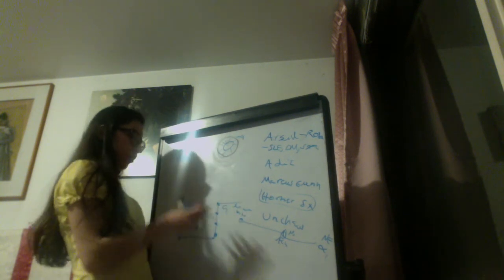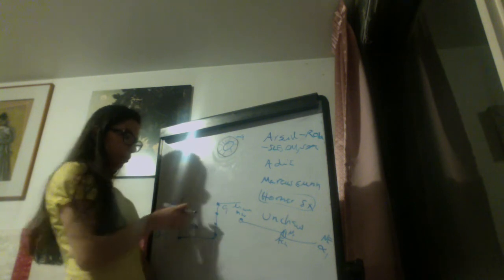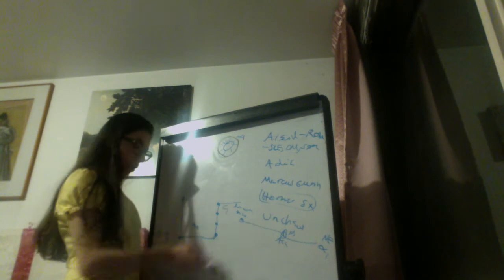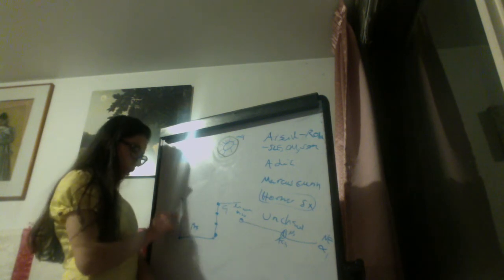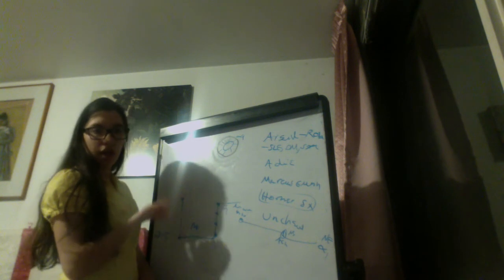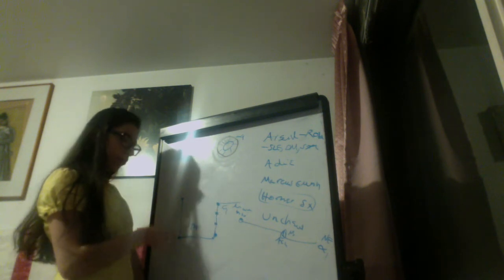Alright, now in Horner syndrome, we will see damage to any one of these neurons. The first neuron can be damaged with pontine hemorrhage, Wallenberg syndrome, advanced syringomyelia, and Brown-Sequard syndrome.